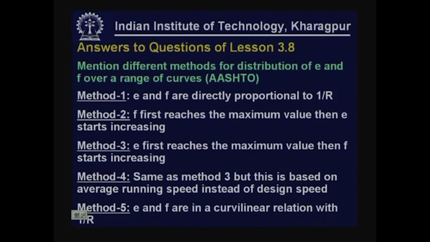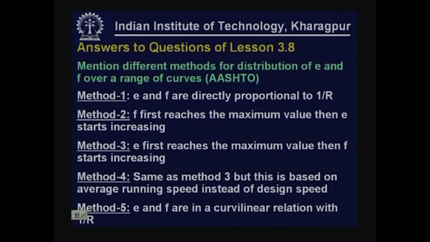Method 4 attempts to overcome this disadvantage by considering the same as method 3, but instead of design speed, average running speed is taken. So, therefore, this overcomes the problem to some extent, but has the same disadvantages, though of lesser degree.